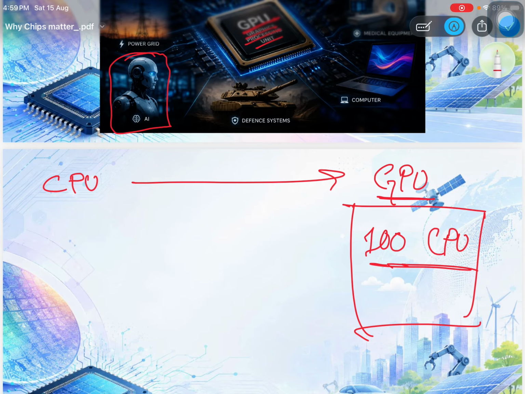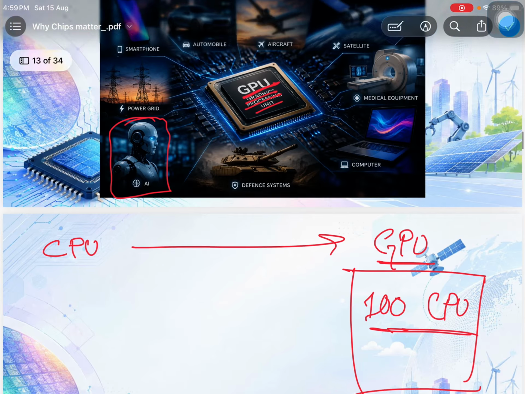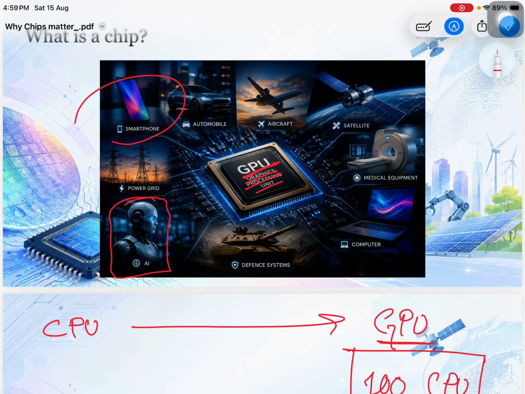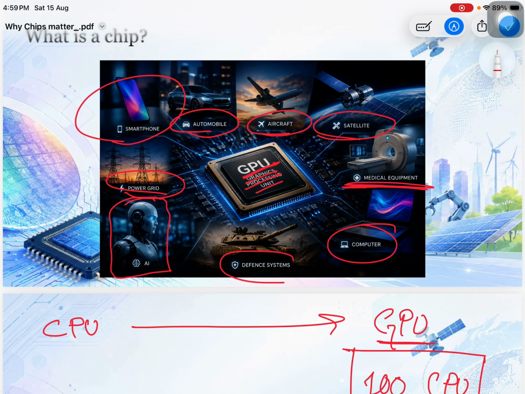So GPU is a very trending term which you should know. From smartphones to computers to our automobiles, we are getting EV automobiles, aircraft, even satellites, power grids and medical equipment, even defense systems.